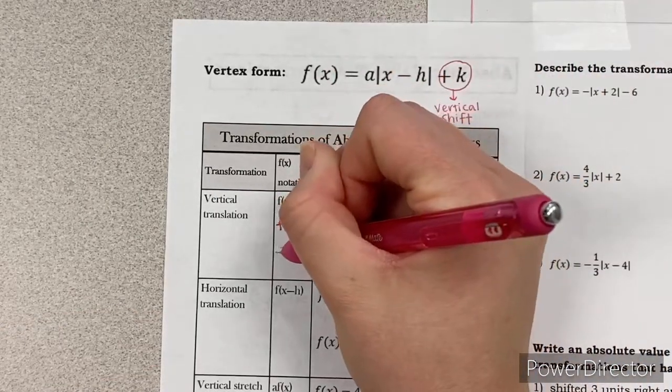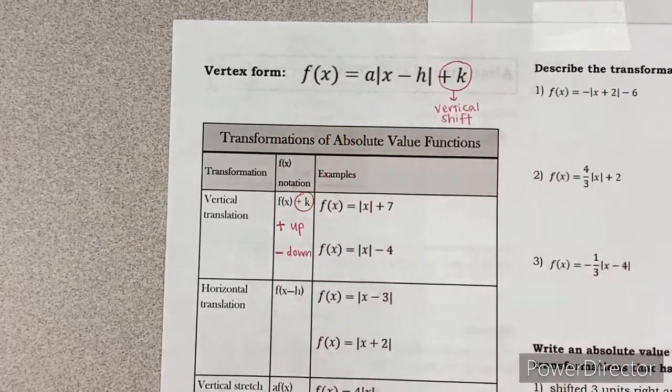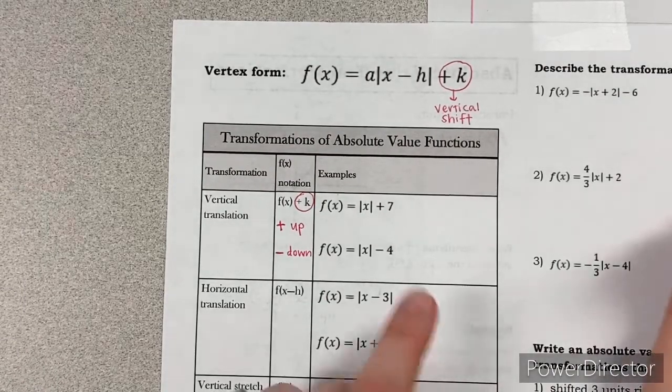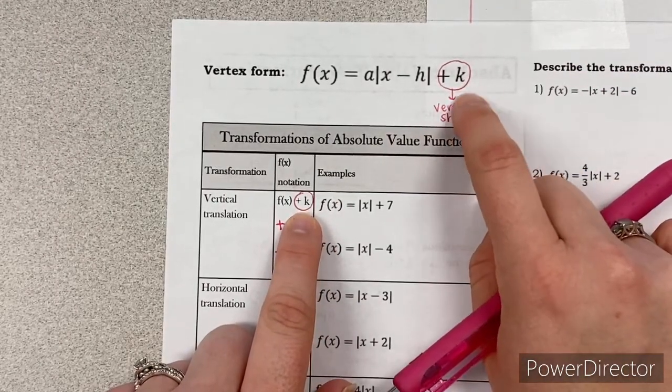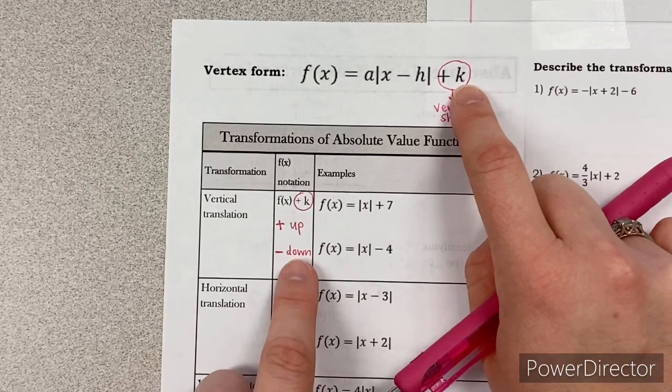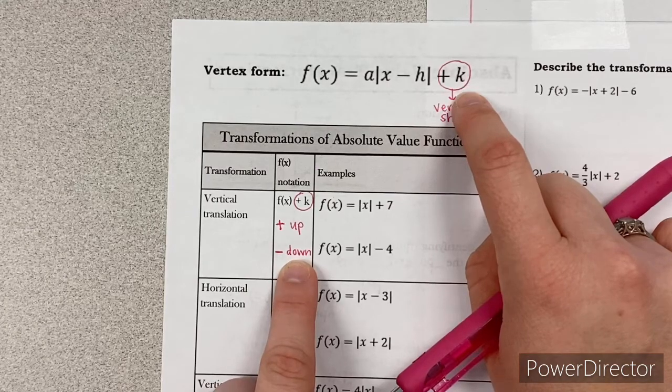If it's a minus sign, that means that we are going to go down. Remember, the K value doesn't change signs, so whatever is there, that's how you move the graph. So that K value, which is the one at the back, on the outside at the end, just tells you how the graph is being moved either up or down. You just look at the sign in front of the number to determine that.